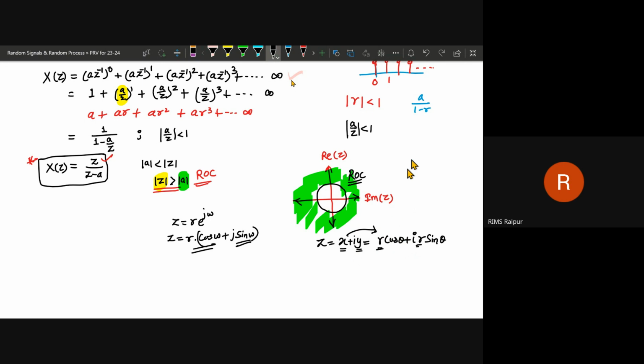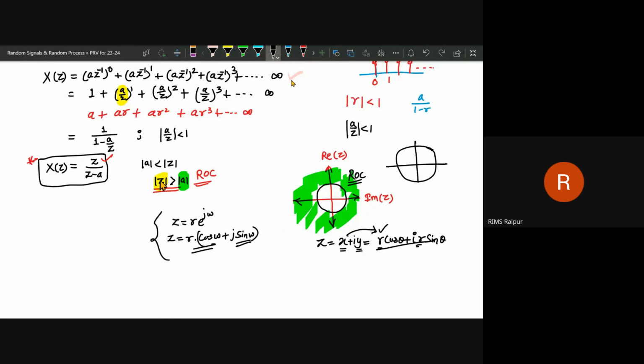If we represent any complex number in a complex plane and convert that into polar form, then we will get a circle like this, if r is fixed and theta is changing. However, this part is not in your scope.